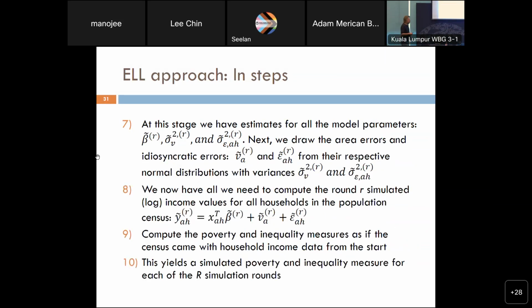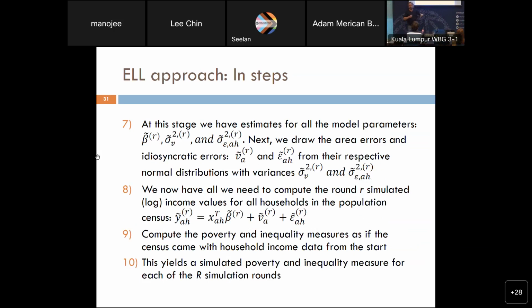Once you have your generalized least squares estimate of beta, you have the estimates of the parameters that govern the distribution of epsilon and the area effect. Because you bootstrap the survey at the start, the GLS estimate for that particular round is effectively a draw of beta from its estimated distribution.